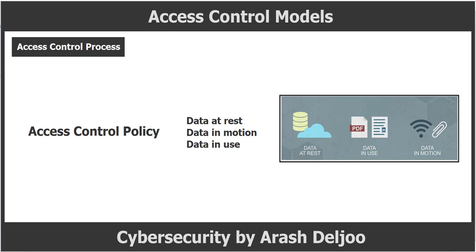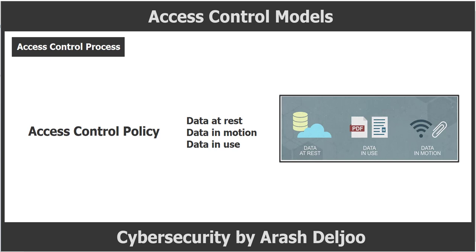The access control policy should include information on who can access the asset or data, when, and in which mode. The access control policy also describes how the access should be protected depending on its state, which could be any of the following: data at rest, data in motion, data in use.